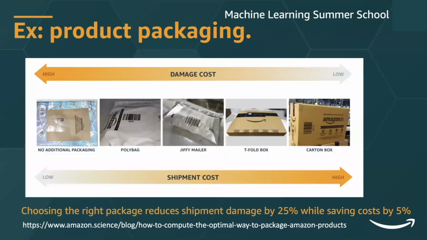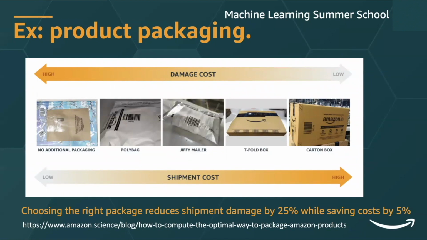A similar application on product packaging. We do not want to use packaging that is too big and wasteful for a product. On the other hand, we don't want to use inappropriate packaging and cause damage leading to losses. So we want to use the right packaging that balances both the product's safe delivery and reduces the cost.